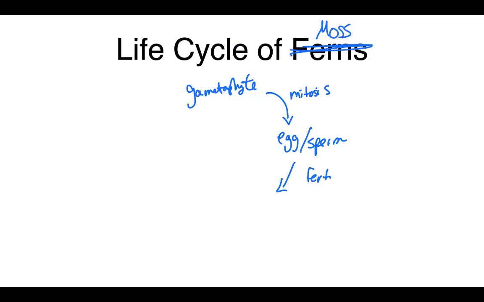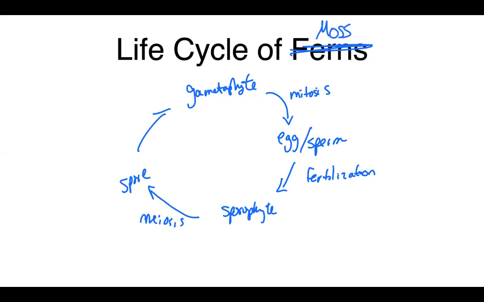That's fertilization. Then you have sporophyte. Then you have meiosis, that's an M. And you've got spore, and then finally gametophyte. So that's the basic rundown of the life cycle of moss.